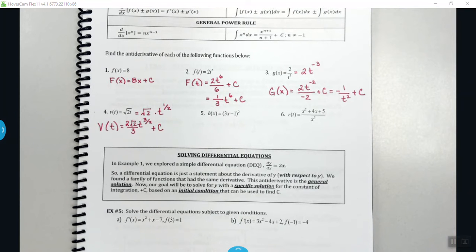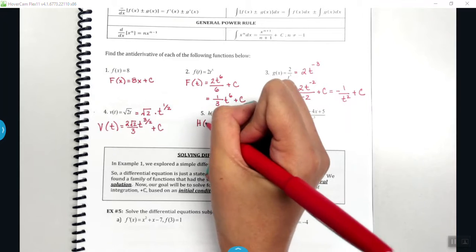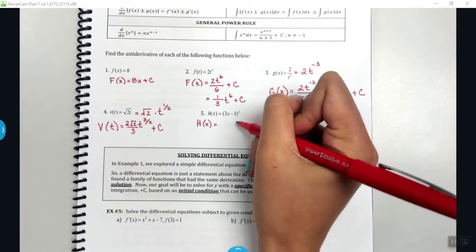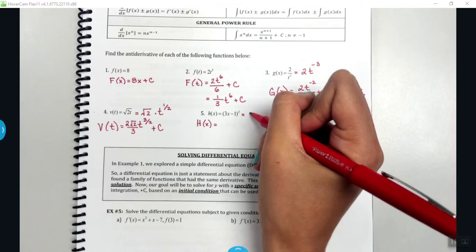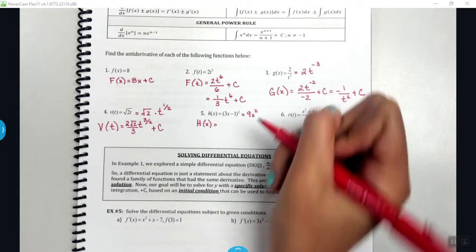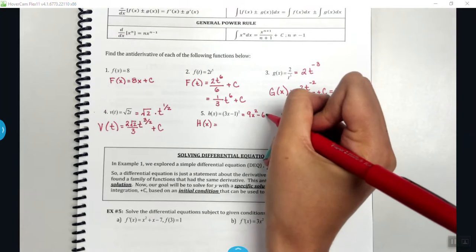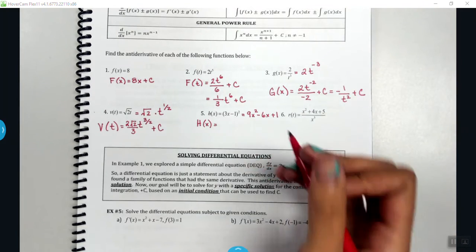And then the next one would be capital H of x. Oh, you don't know the reverse chain rule yet, so we're going to FOIL this out. 9x squared minus 6x plus 1. So let's integrate that.